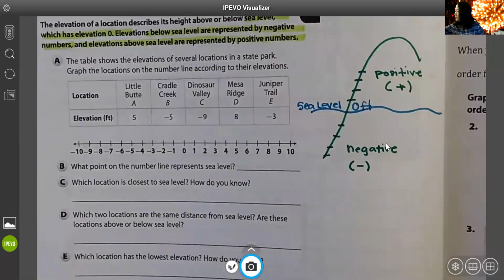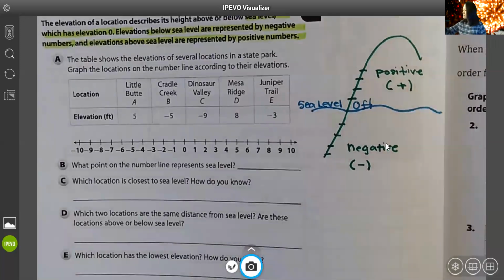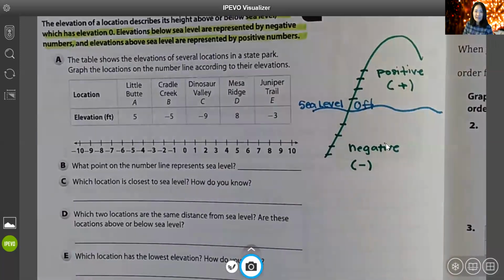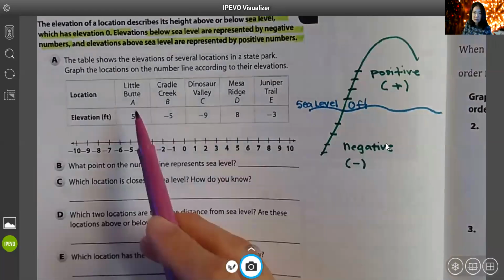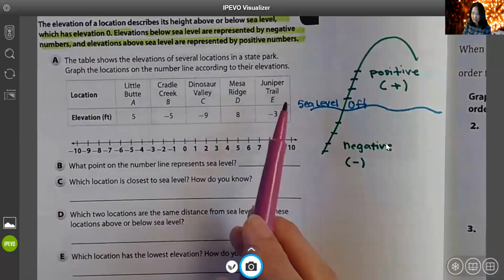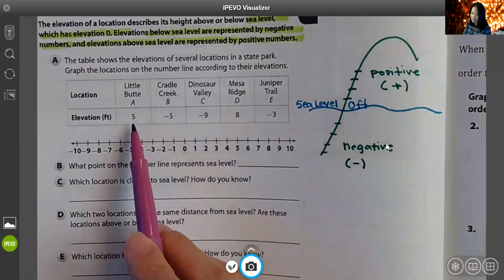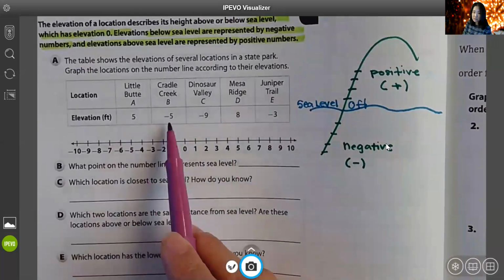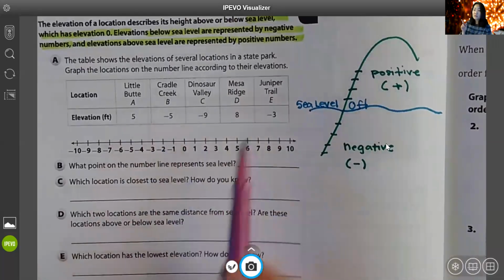Here are the locations, and they have names, but I'll just call them A, B, C, D, E, and these are the elevations. As you see, some elevations are positive, some are negative. Let's go ahead and graph them.